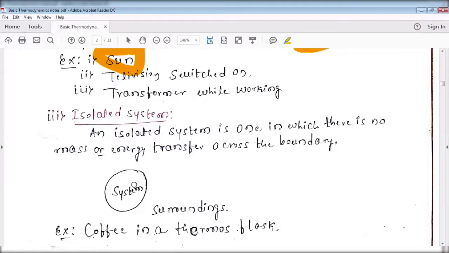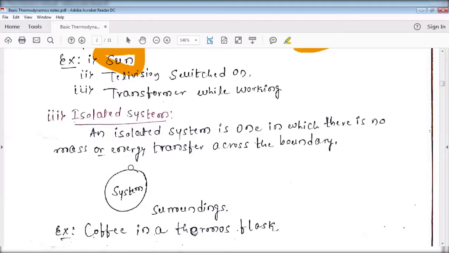The best example is this: this is a system, this is the surrounding. System and surroundings are separated by the system boundary. The system boundary is perfectly closed, and also perfectly insulated. First, it is perfectly closed.